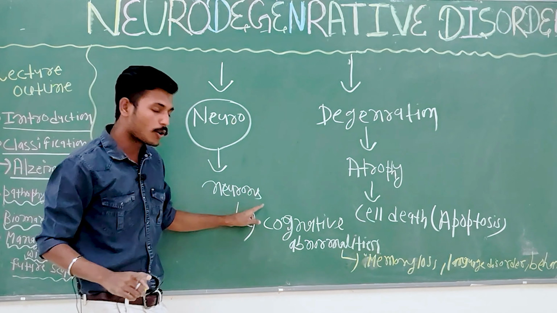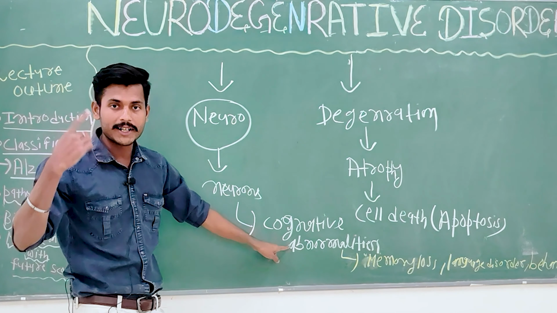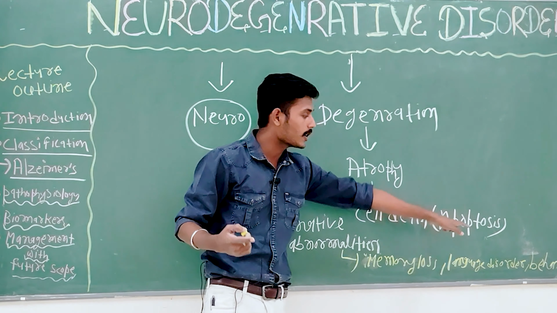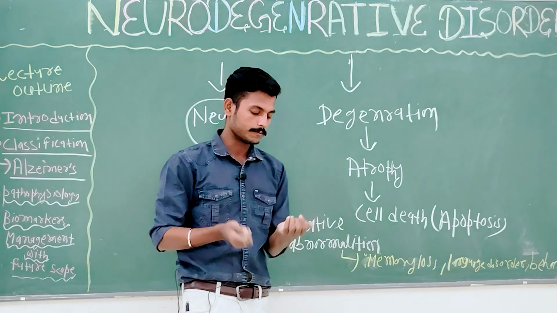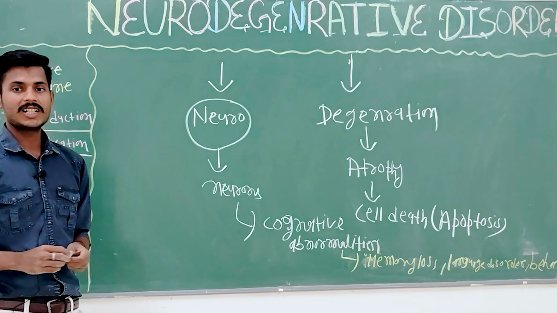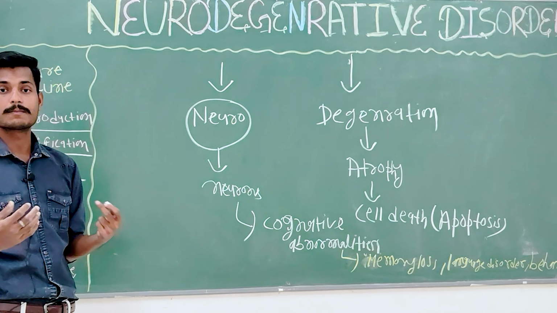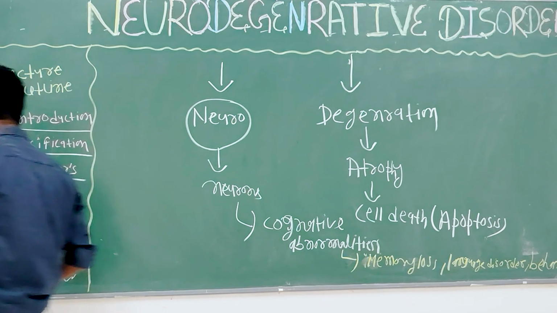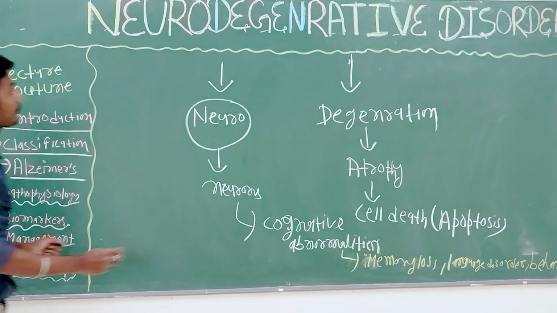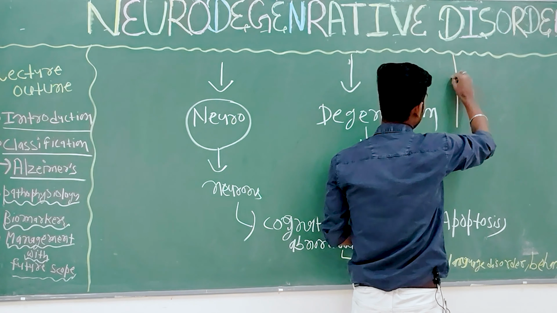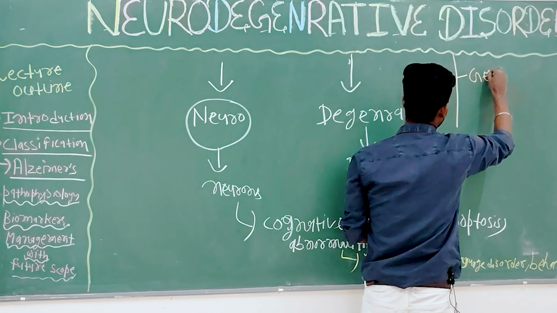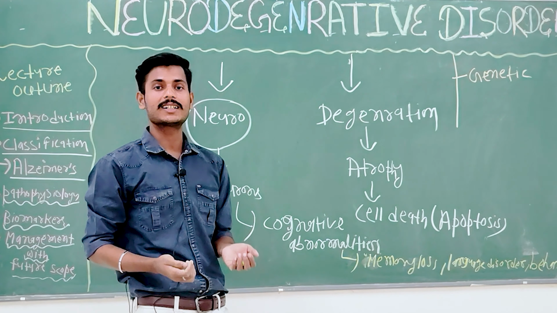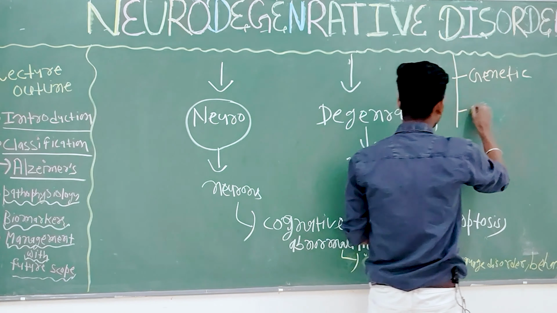Second, when neurons degenerate, it affects our cognitive capability and cognitive function, which results in memory loss, language disorder, as well as behavioral problems. Now, most of the neurodegenerative disorders are genetic. If we take examples, the majority of neurodegenerative disorders are genetic. Some of the neurodegenerative disorders, however, occur sporadically.